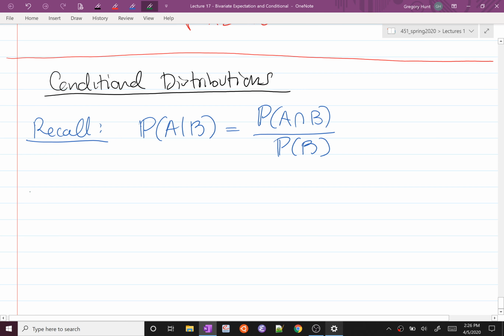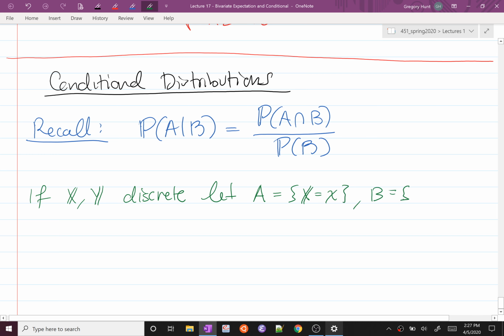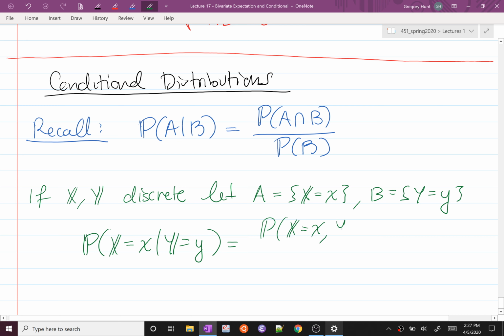Now, for discrete, if X and Y are discrete, and if I let A be the event that X is equal to some little x, and B be the event that Y is equal to some little y, then I could calculate the probability that X is little x given Y is little y as the probability of A intersect B, which is X is little x and Y is little y.